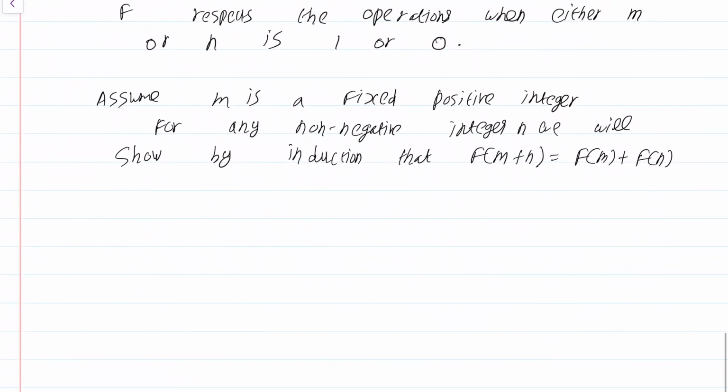We will show that addition is respected whenever m is a fixed positive integer and you take a non-negative integer n.